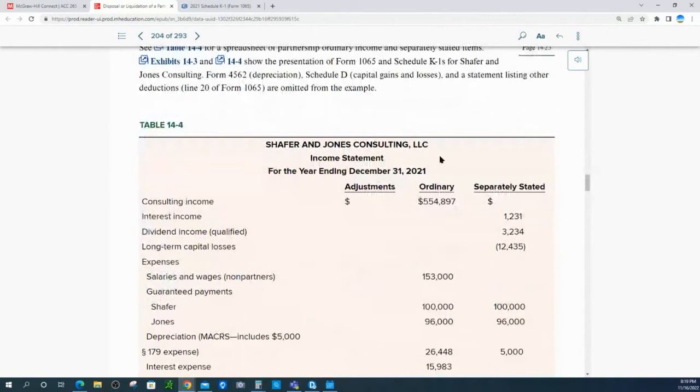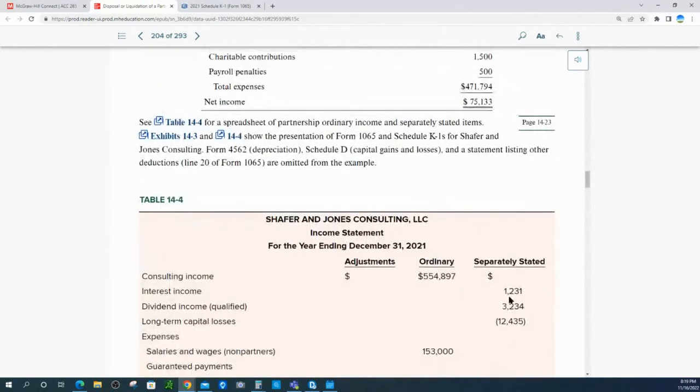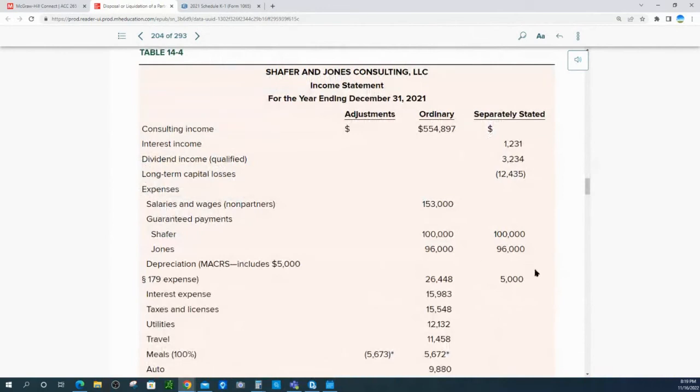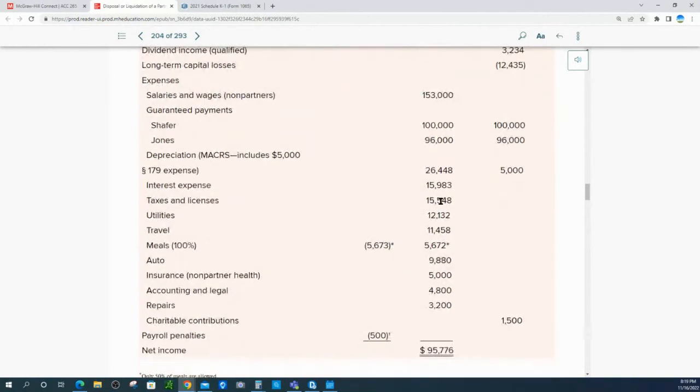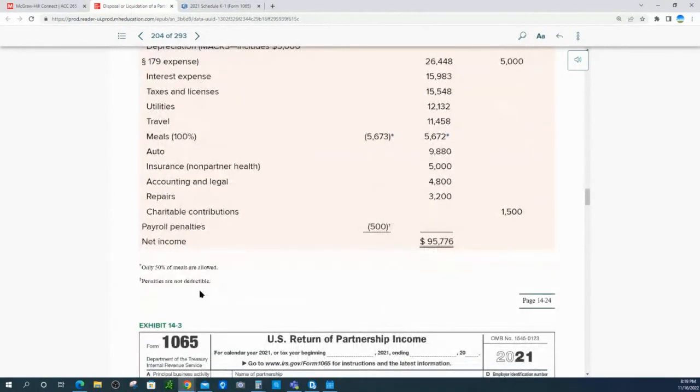All right. So we can divide up the items that are ordinary and the ones that are separately stated. Ordinary items would be the consulting income, salaries and wages, the guaranteed payments. The 179 expense also affects ordinary income. Interest, taxes, so we make adjustments. Now here, they're assuming that 50% of the meals were allowed.